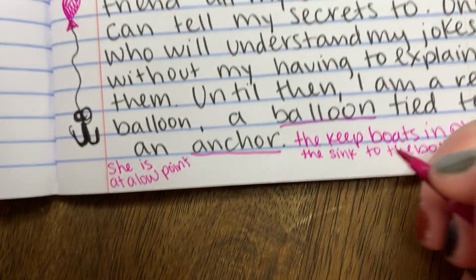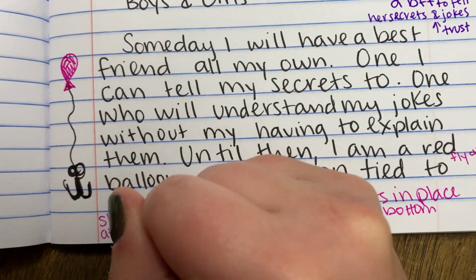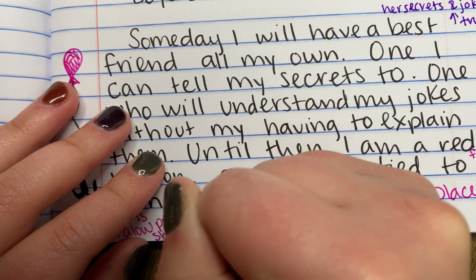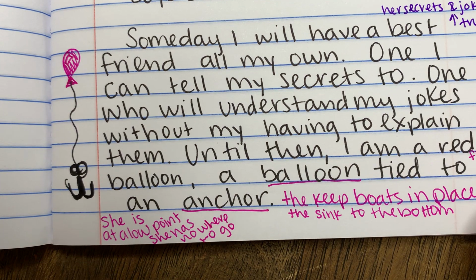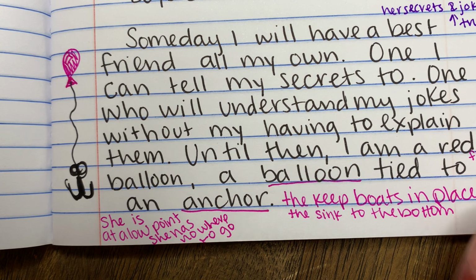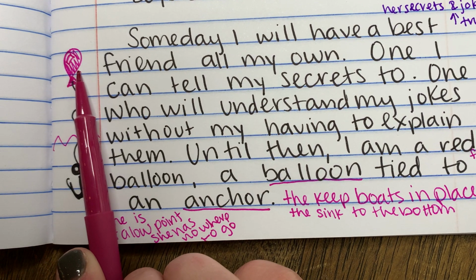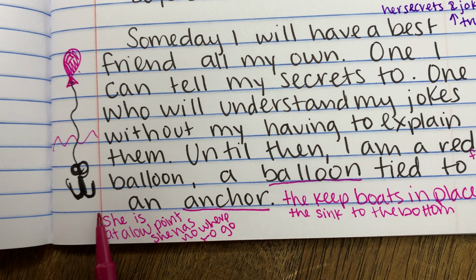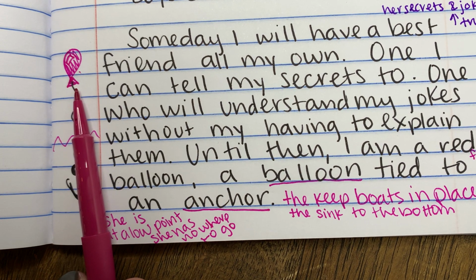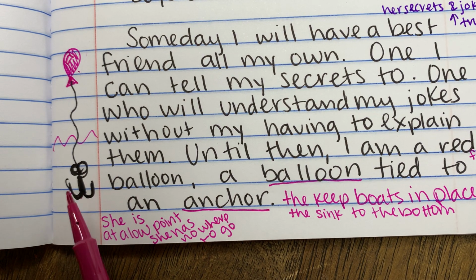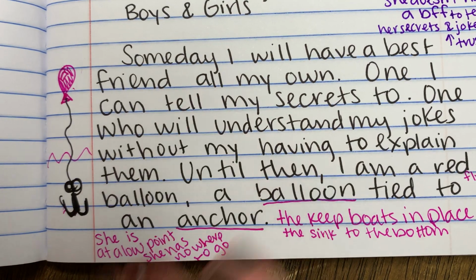Okay, she has nowhere to go. Okay, the anchor sinks to the bottom, right? And she's the balloon. She's sinking with it, right? So this whole thing is kind of what we call a metaphor, okay? It's a metaphor for her not being happy and for her feeling like she has nowhere else to go or nothing else to do because she doesn't have a best friend even though she's tried.